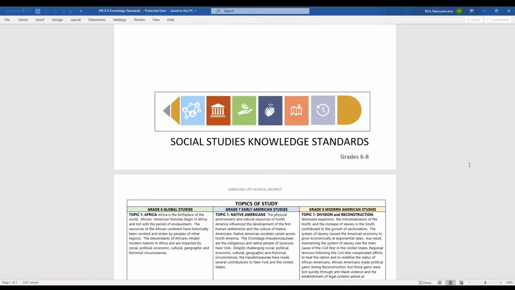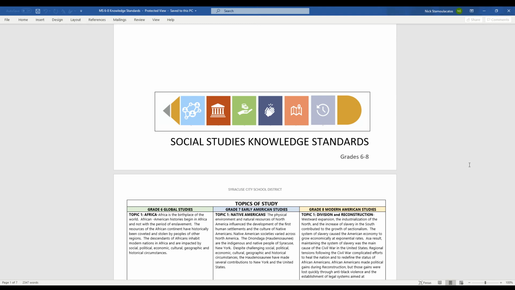We want to stress and highlight that the topics of study really put an emphasis on cultural responsiveness and multicultural and social justice education. The topics of study are aligned to the New York State Framework for Social Studies, as well as local history.